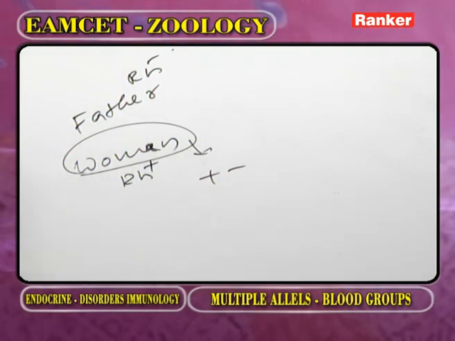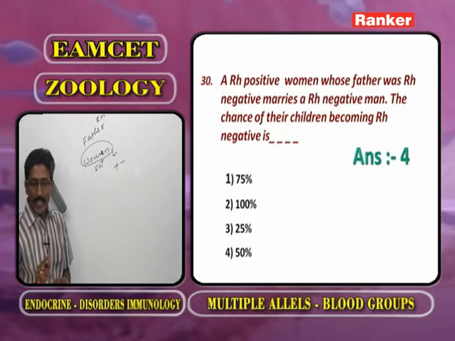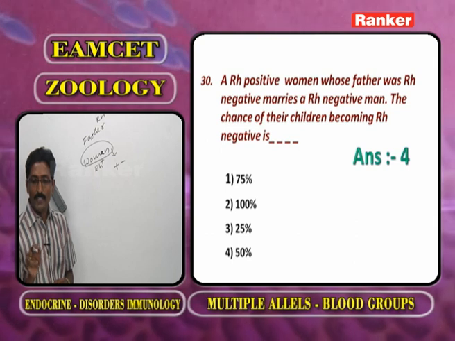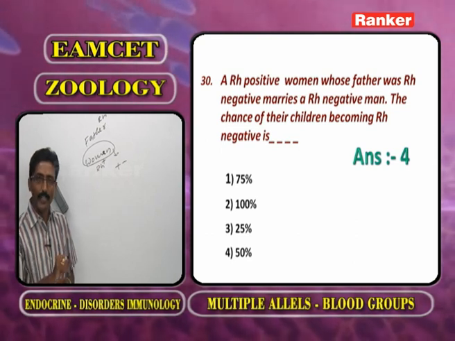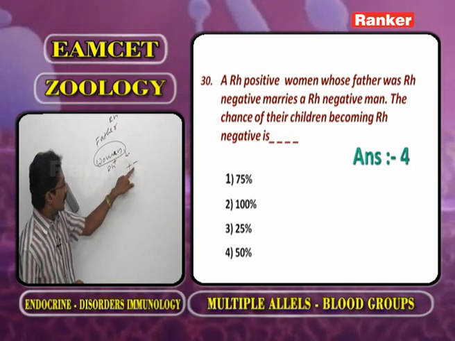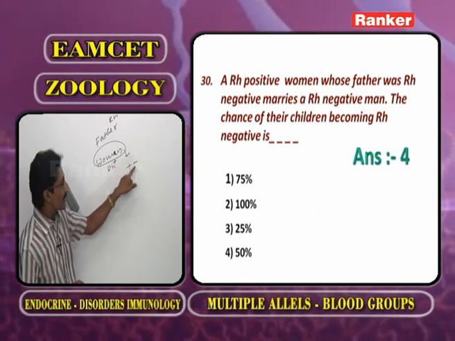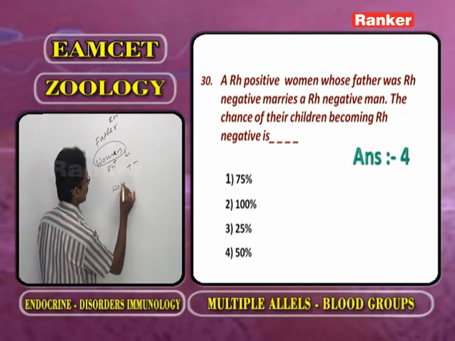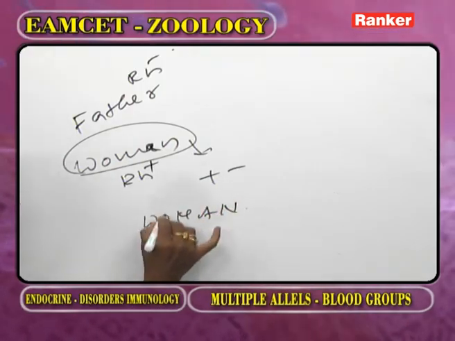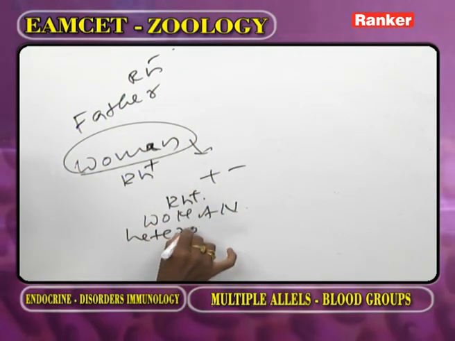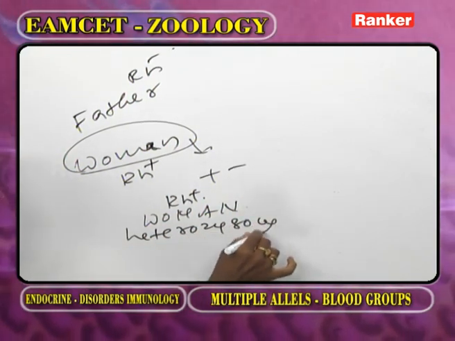heterozygous. Now, a Rh positive woman whose father was Rh negative. What is the genotype of the woman? No doubt she has Rh antigen but in heterozygous condition. Why is she heterozygous?